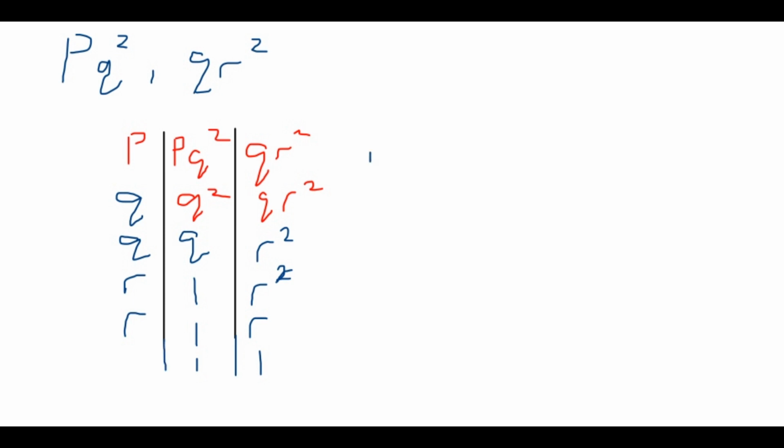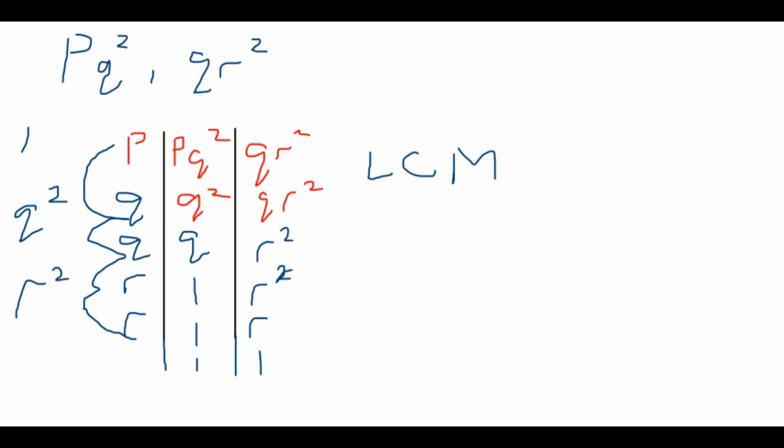So therefore the LCM is equal to P times Q times Q times R times R. Q times Q is Q squared, R times R is R squared, and we have P. So P times Q squared times R squared is going to give us PQ squared R squared as the LCM of what we have here.